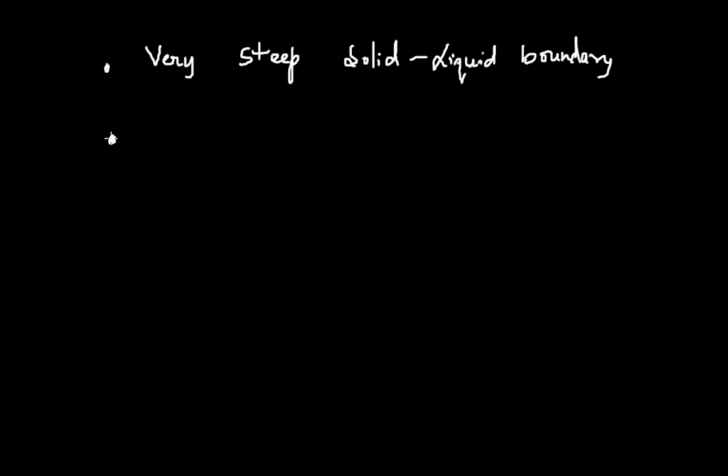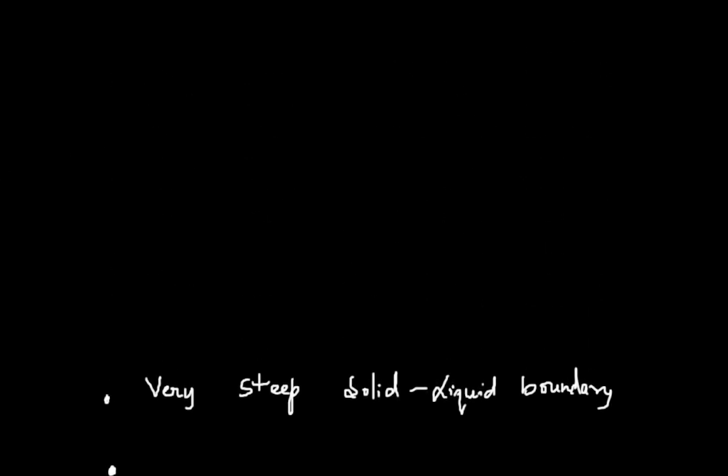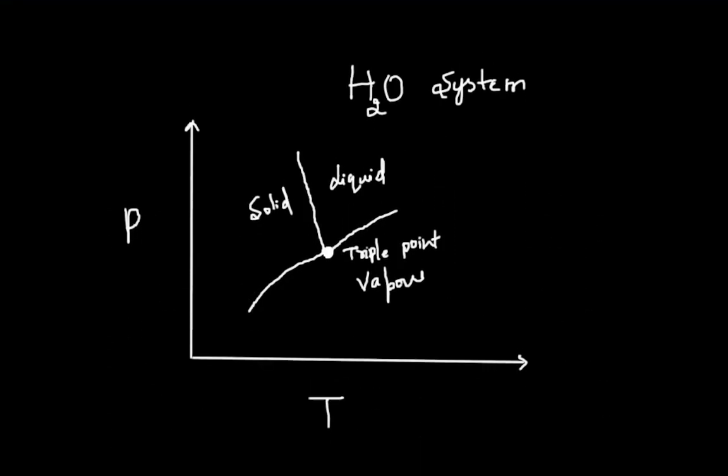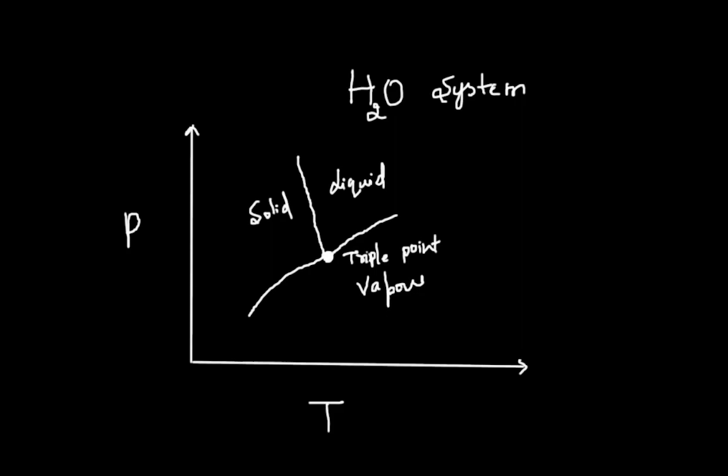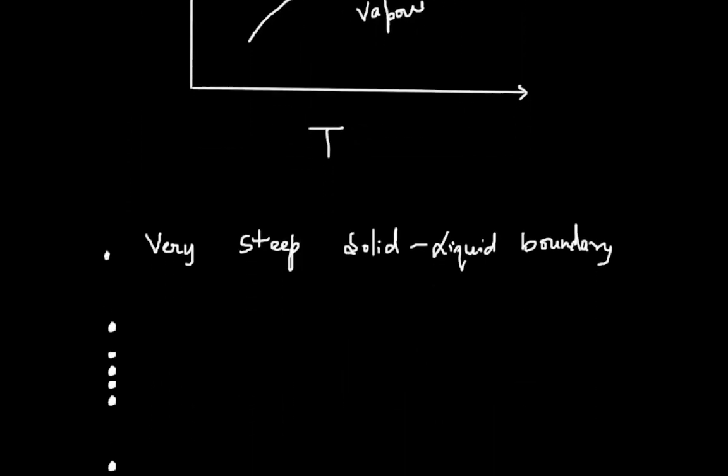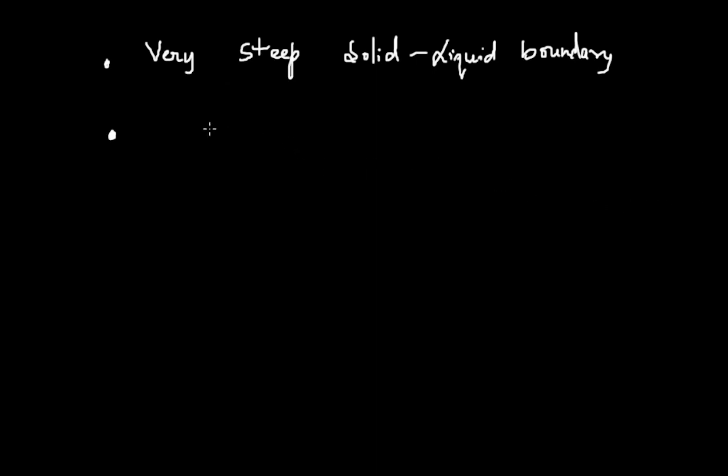The second point, very important and something that is distinct from carbon dioxide, is to note that the solid liquid boundary has a negative slope.